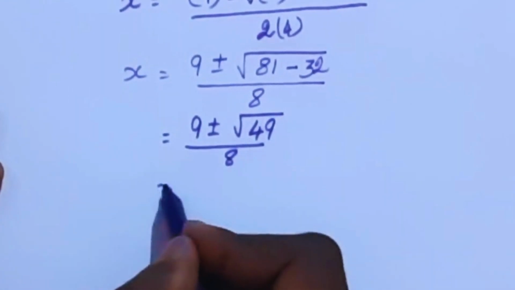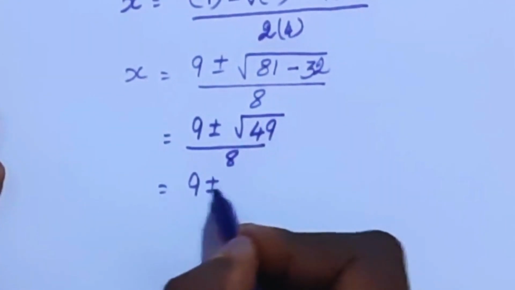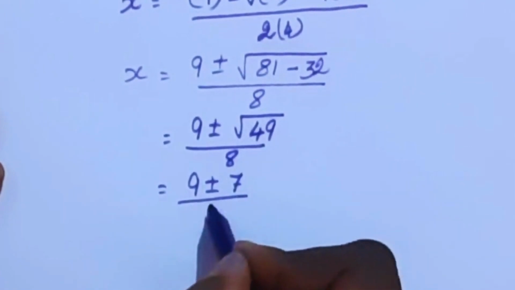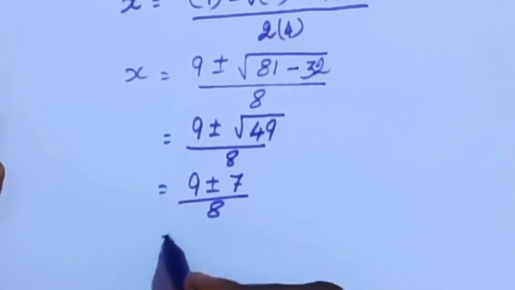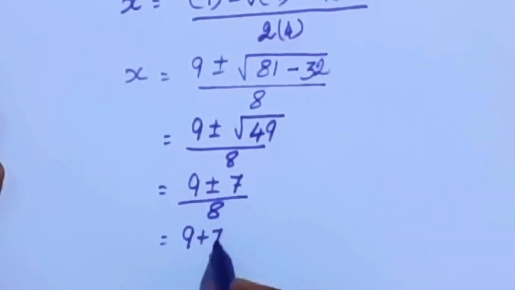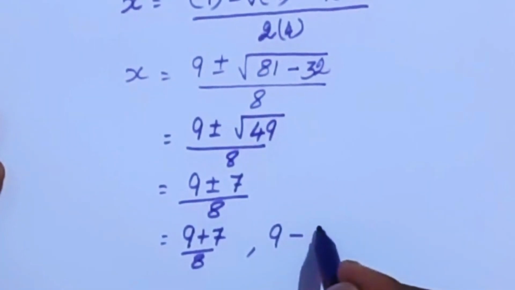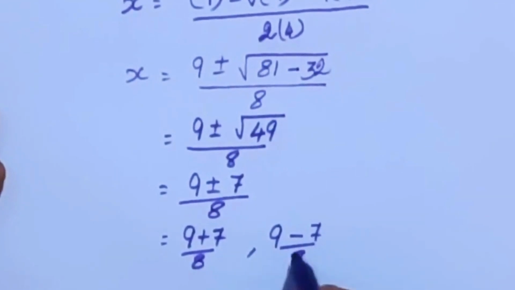Now 9 plus or minus, square root of 49 is 7, by 8. So we have 9 plus 7 by 8, comma, 9 minus 7 by 8.